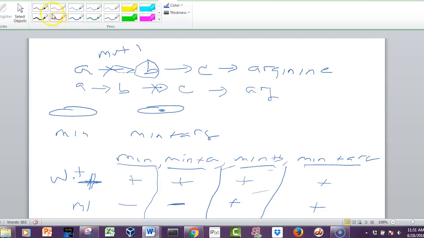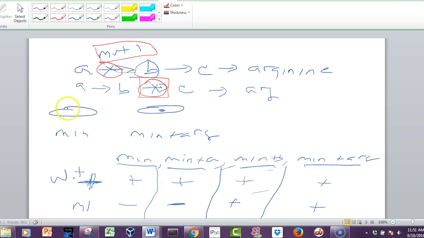The key to this is that by figuring out which step each mutant was defective in, mutant 1 is defective at this point, mutant 2 is defective at this point, each of these steps is catalyzed by an enzyme. There's an enzyme that will catalyze the conversion of A to B, and another enzyme that will convert B to C. This mutant is specifically defective in enzyme 1, and this mutant is specifically defective in enzyme 2, and a mutant means that you've mutated a gene.